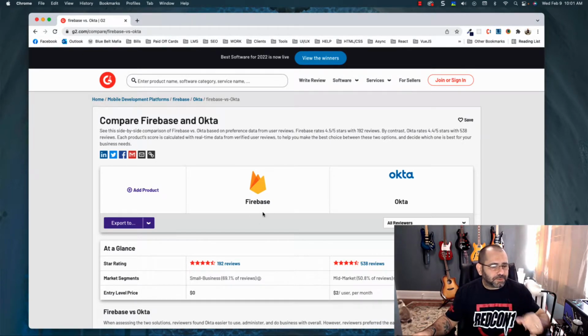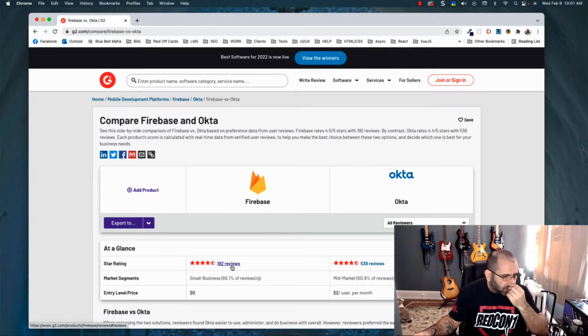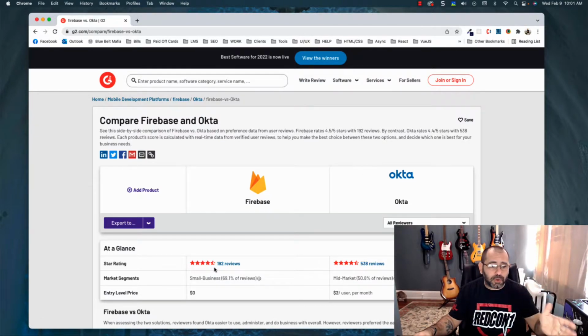It looks like they collected 192 reviews for Firebase and 538 reviews for Okta, yet both are at 4.5 stars. I will give the edge on this alone to Okta, because it maintained 4.5 stars with almost 4 times the reviews.